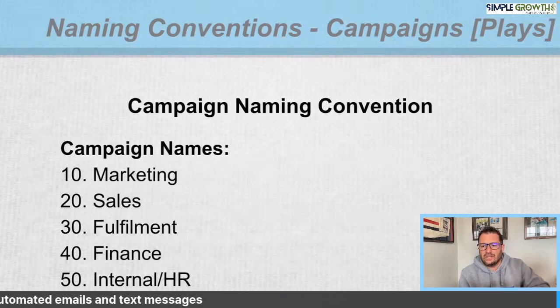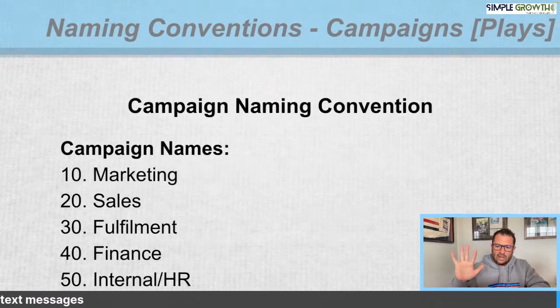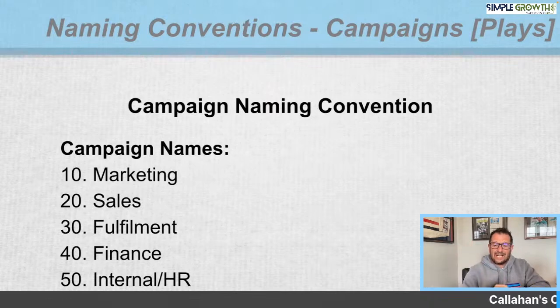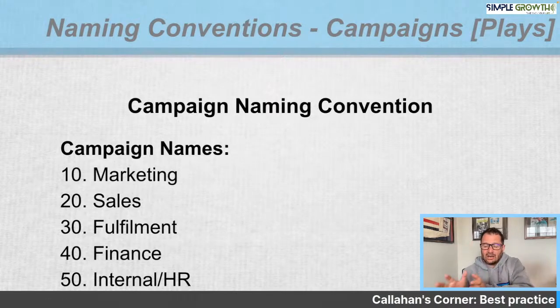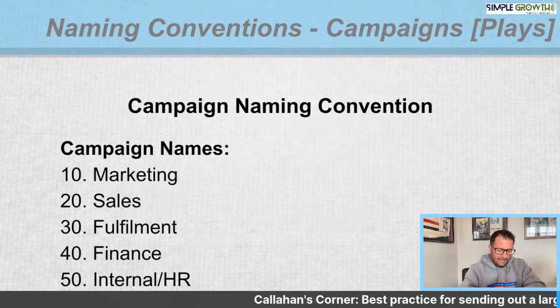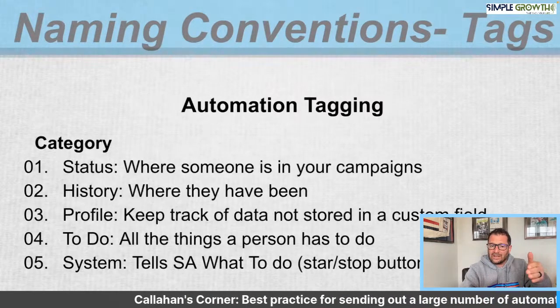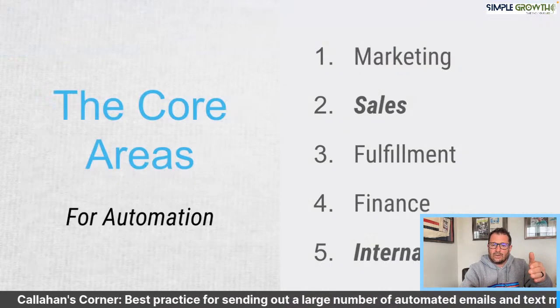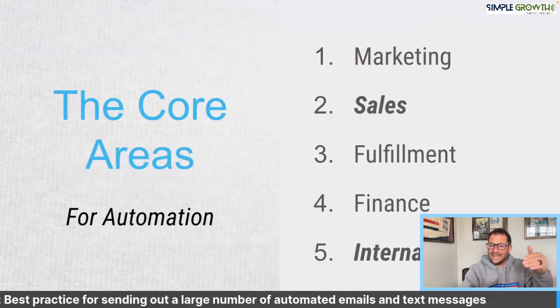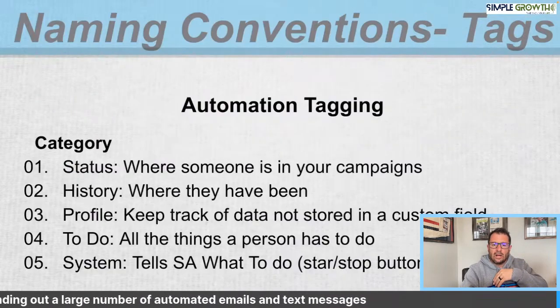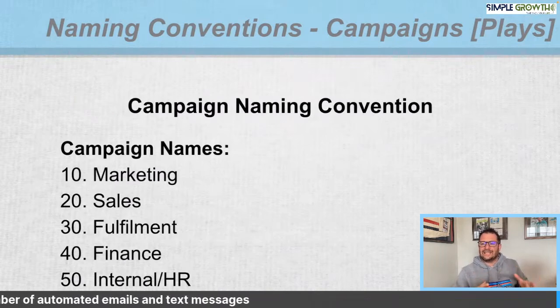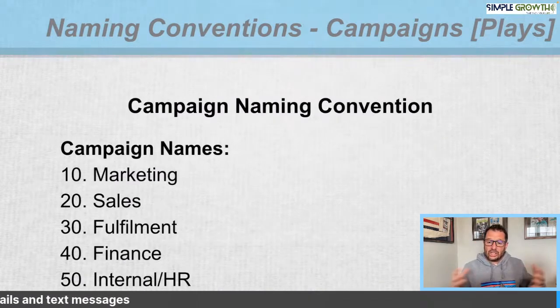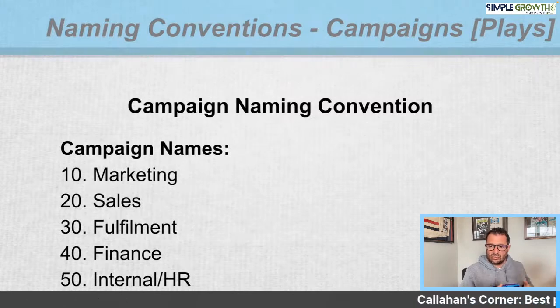So the last thing here is, now that we've got our 5 areas that we can automate, we've got our 5 sets of tags that are based on the main areas here of status, history, profile, to-do, and system, all around our 5 areas of marketing, sales, fulfillment, finance, and internal HR. What do we do to actually name these automations? Now, like I said, I don't really recommend using email blast because it's really hard, and that's where some errors are going to happen.